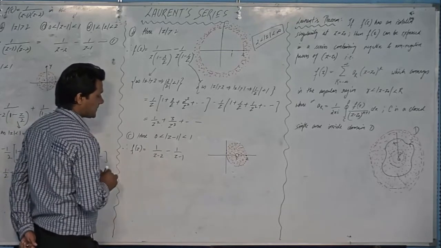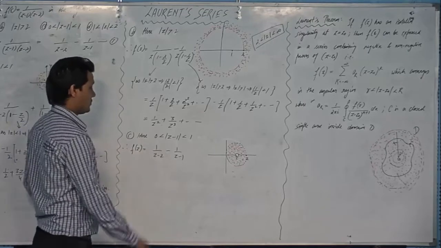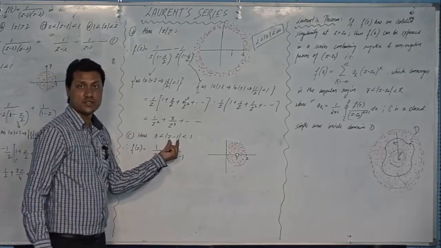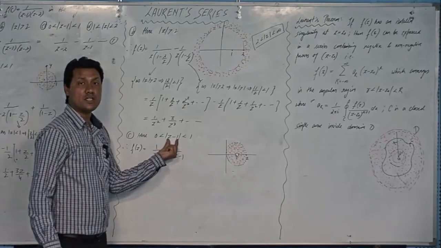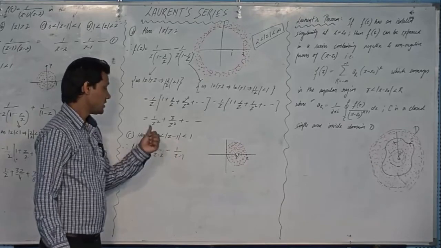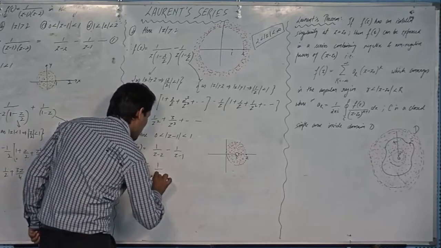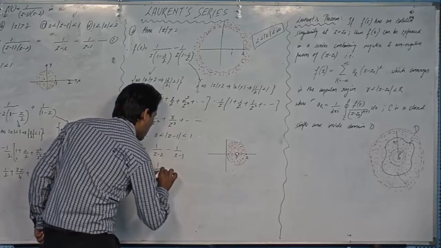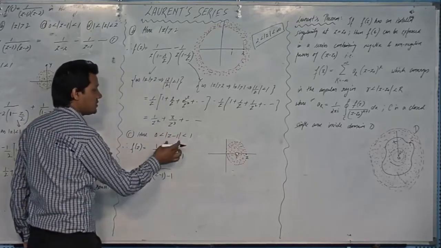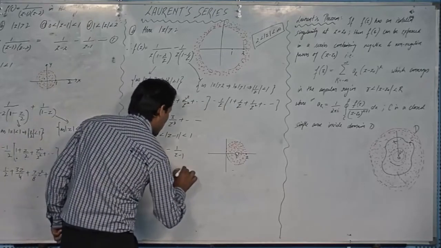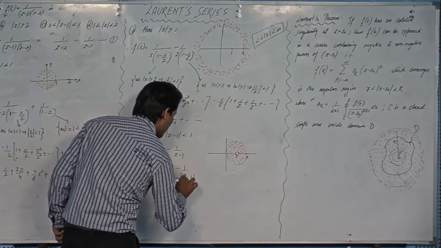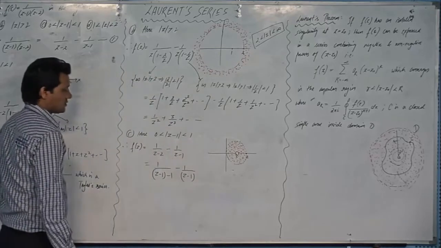I think I should create z minus 1 everywhere, because the series will contain powers of z minus 1, and that is again an important point. I should write it this way, z minus 1 minus 1, in order to achieve a series of powers of z minus 1, and this is fine, z minus 1, I will leave it as it is, right?